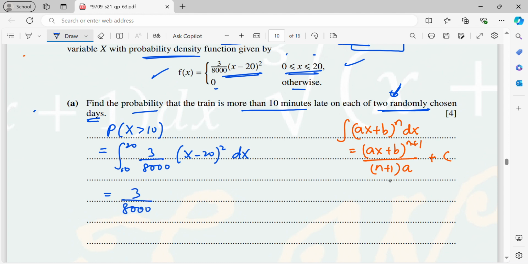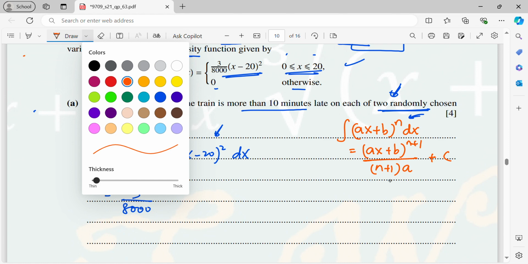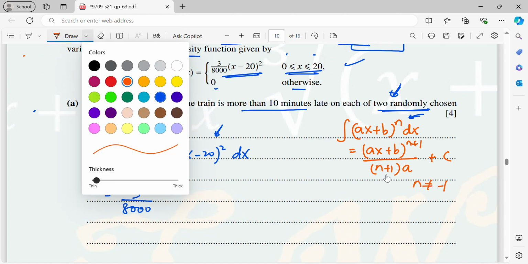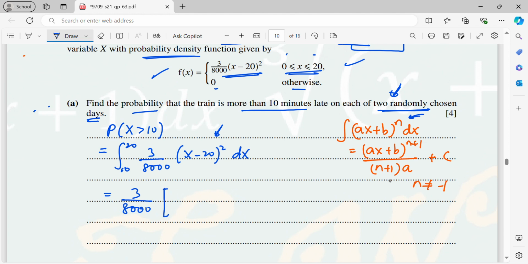Then you integrate this quadratic function using the given formula. And remember, the formula is valid when n is not minus 1. That's the condition. Therefore, now I will integrate. So it becomes (x minus 20) to the power 3 over 3. And when differentiating x minus 20, that is 1. This is how I get the a here, because you differentiate ax plus b. And now with limits 10 to 20.